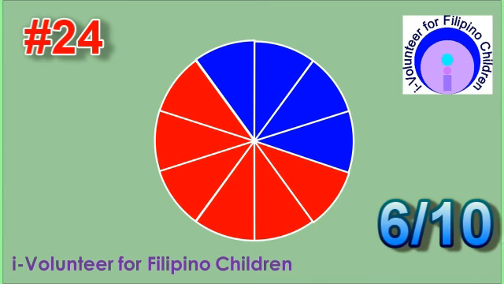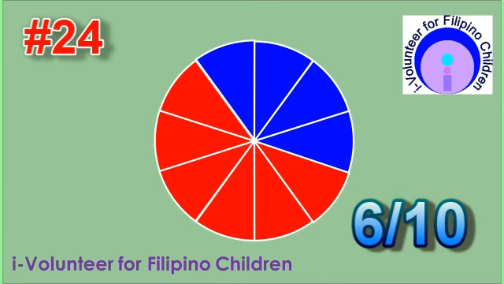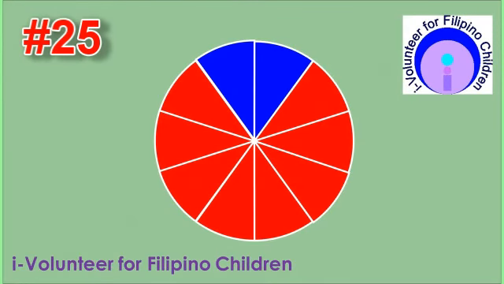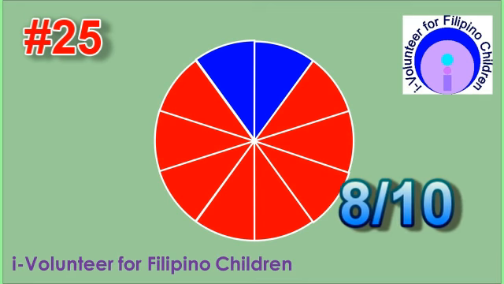The answer is. Number 25. How do you write the reds in a fraction? The answer is.